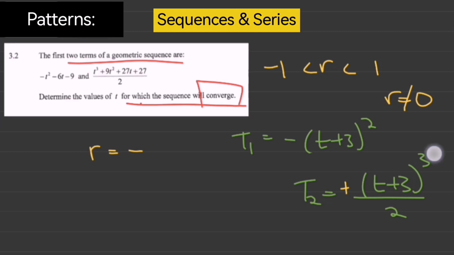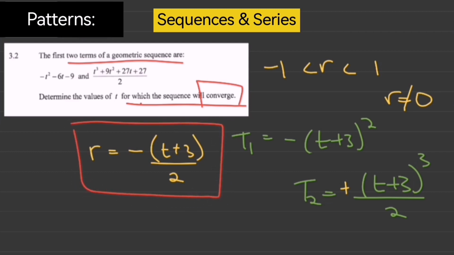We also notice that our second term has an extra bracket of t plus 3. Right? So it has to mean that we are multiplying by t plus 3. But not only that, this division by 2 means that we also divide by 2 when we multiply with the ratio. Our ratio is exactly negative (t plus 3) divided by 2.